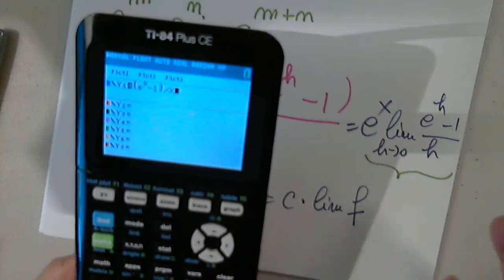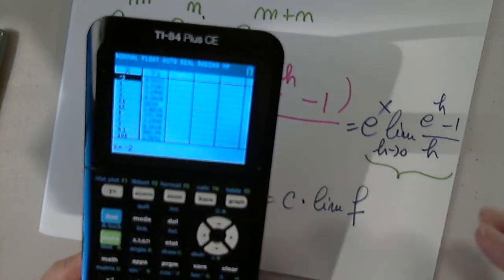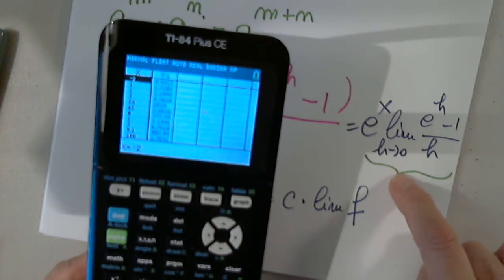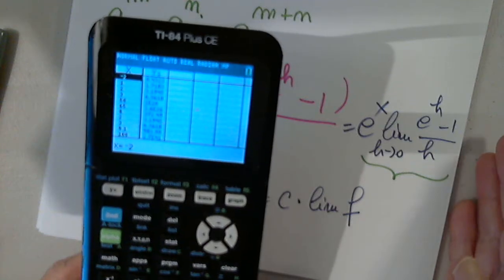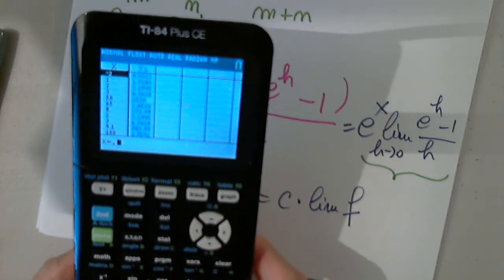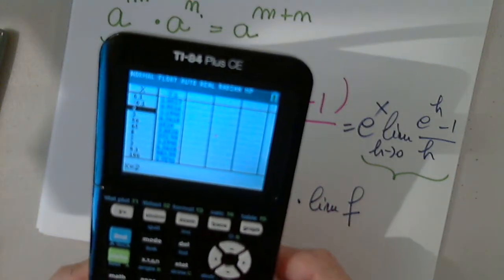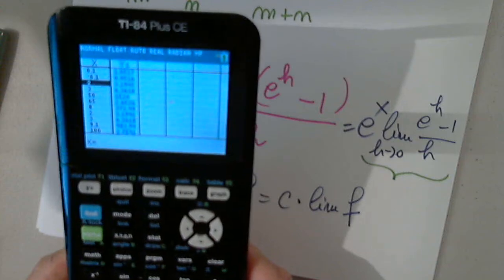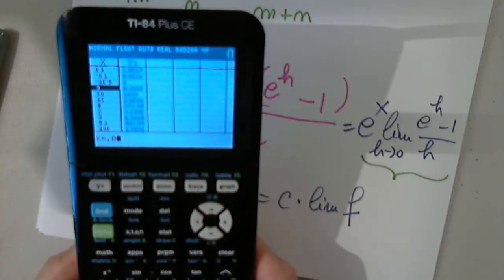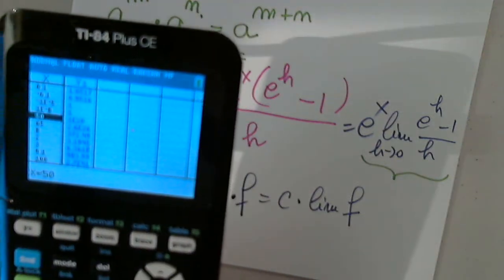Or, let's go to second and table. And I'm going to punch in numbers as close as possible to 0 from either side. So let's say 0.1, which is huge, negative 0.1, which is still huge, but negative 0.000001 and positive 0.00000001, and you tell me what is that limit.